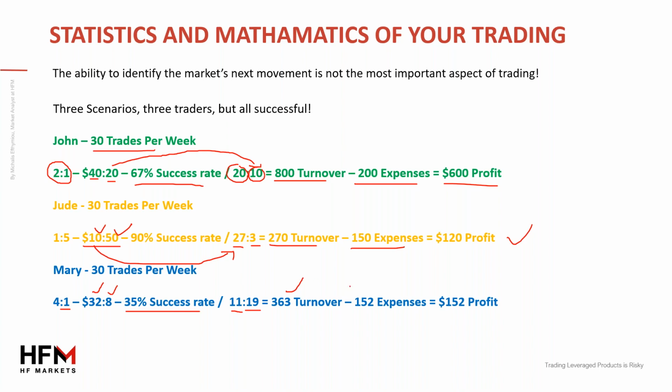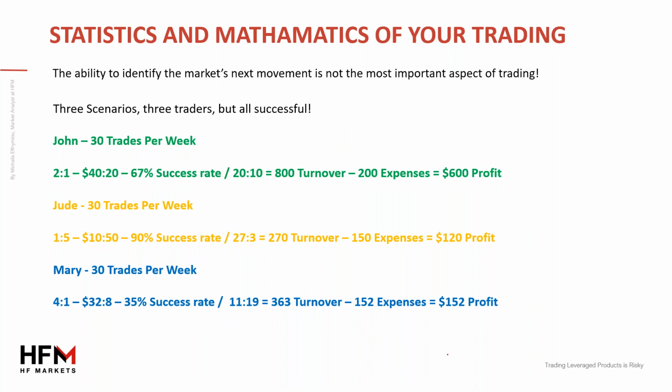And then 8 times 19, 152, okay? Profits, 150 at 2, which is also incorrect as well. Anyway, though, she is profitable because she is setting her take profit and her stop loss, or she's looking to risk and earn in accordance with her success rate.